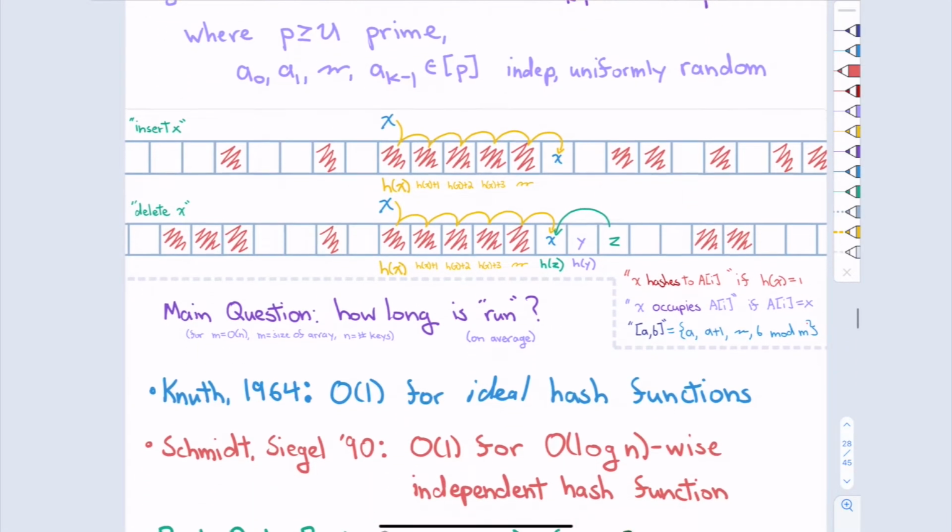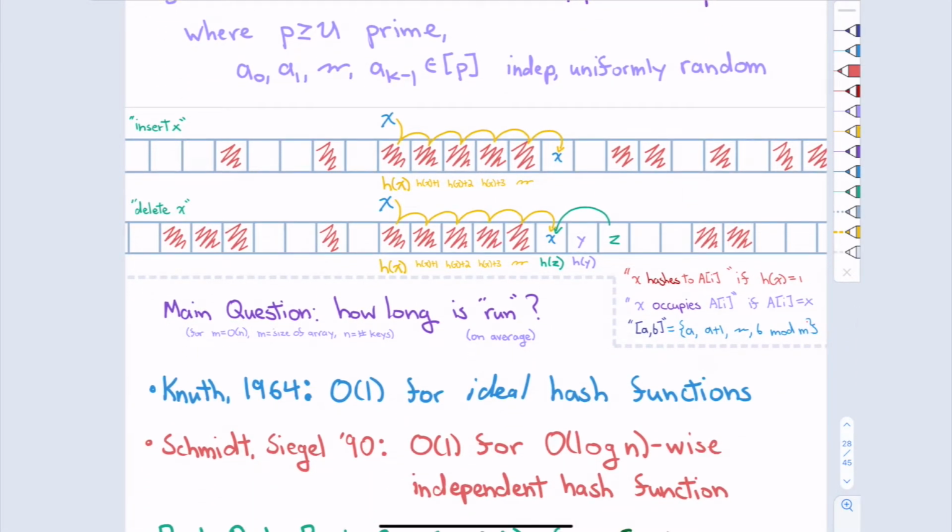All right, so it took a long time, but in 1990, it was shown that for log n-wise independent hash functions, so roughly any log n keys act as if completely independent, you can get constant time. Okay, so that's fine.